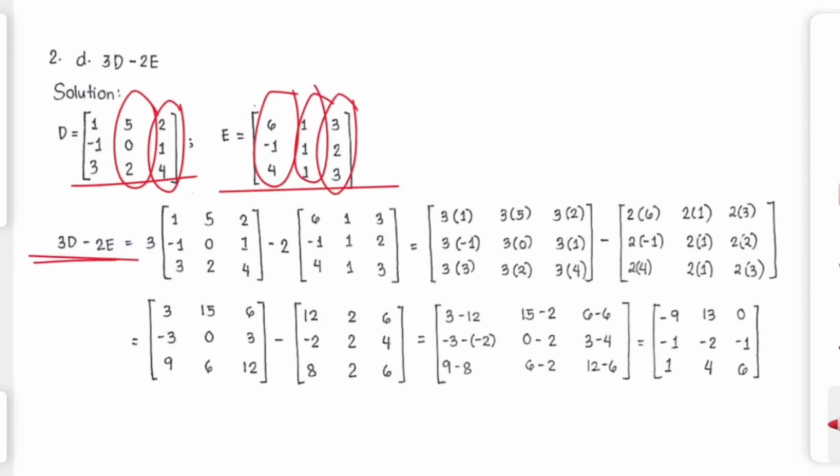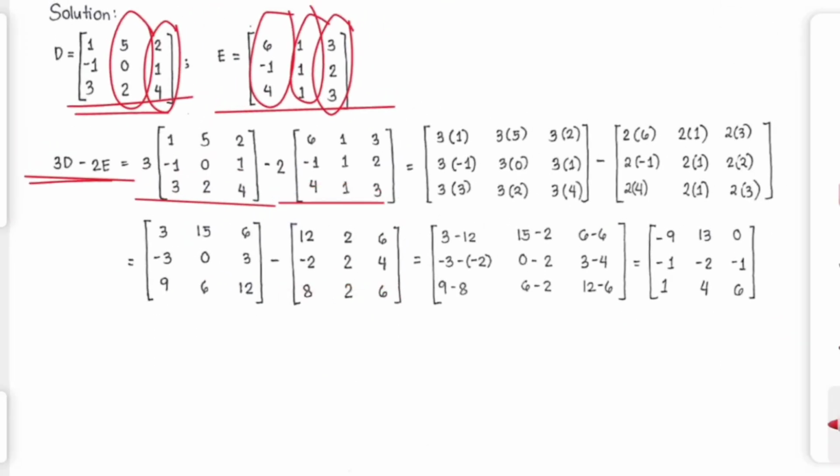So our 3 and 2 here are our scalars. With that, we have 3 multiplied to the matrix D, which is this one. And the 2 will be multiplied to E, so we get this form.